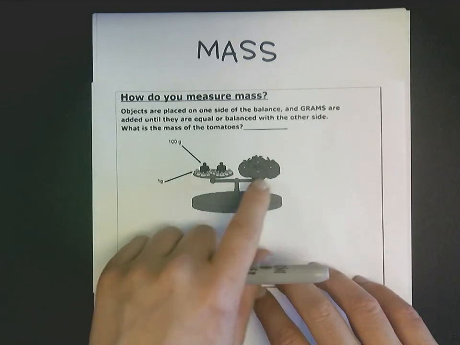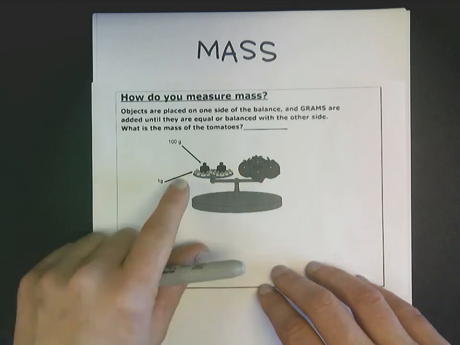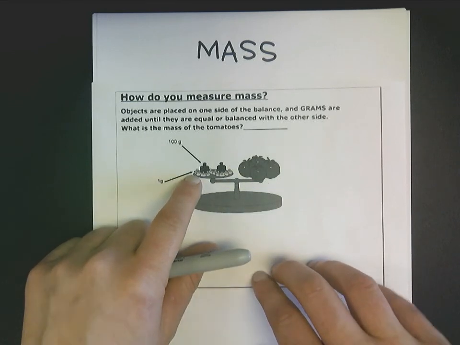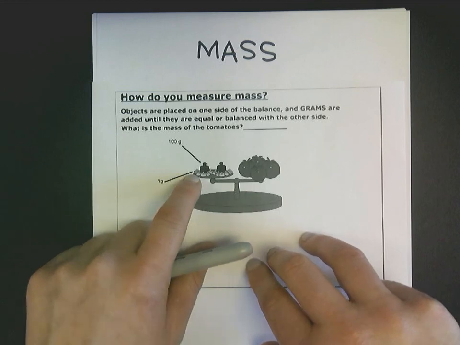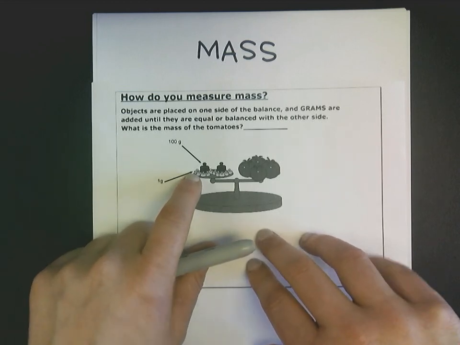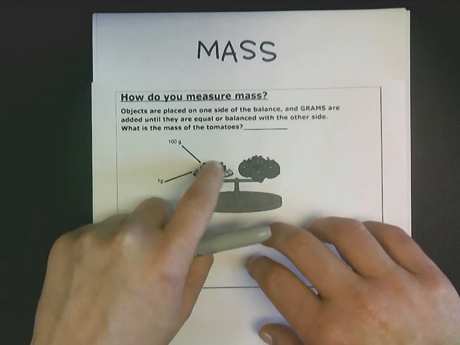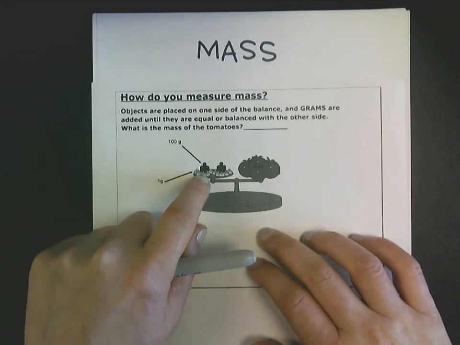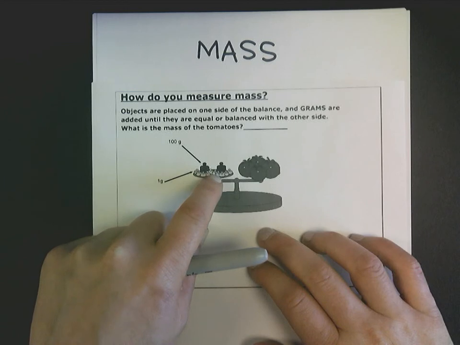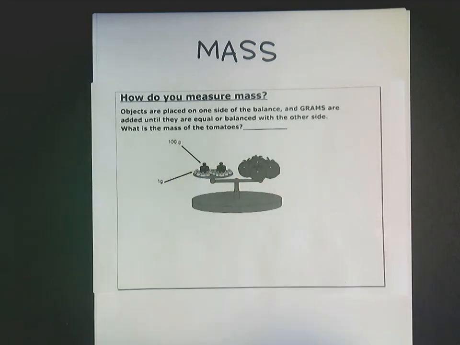So if we were to be measuring these tomatoes, we would add little gram weights. These tiny weights are 1 gram. And we would continue adding 1 gram until we have balanced the tomatoes. So in this situation, there are 2 pieces that are 100 grams. And there are 1, 2, 3, 4, 5, 6, 7, 8, 9, 10 pieces that are 1 gram.